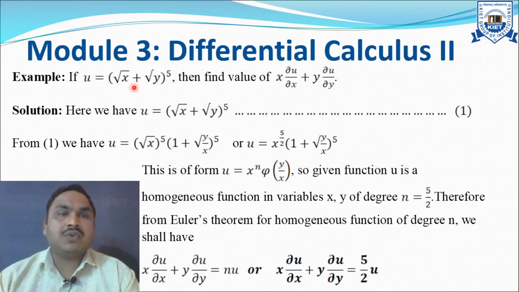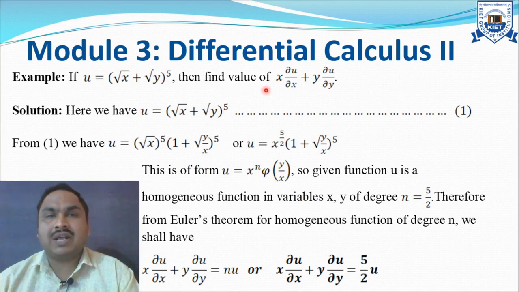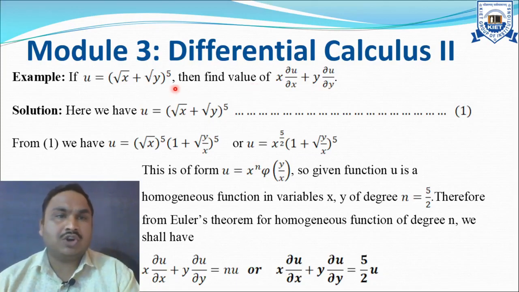Example: if u equals (root x plus root y) whole power 5, then find the value of x ∂u/∂x plus y ∂u/∂y. Here we shall apply Euler's theorem, since from here we observe that u equals (root x plus root y) whole power 5 will be a homogeneous function, as the degree of each term will be same.